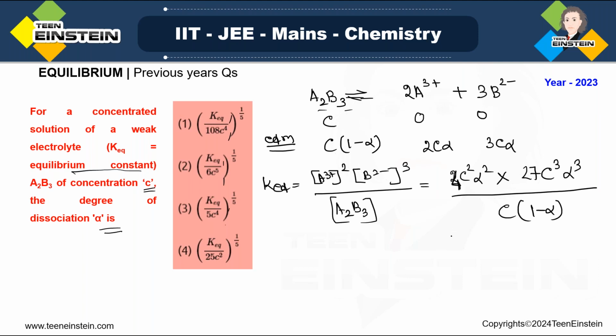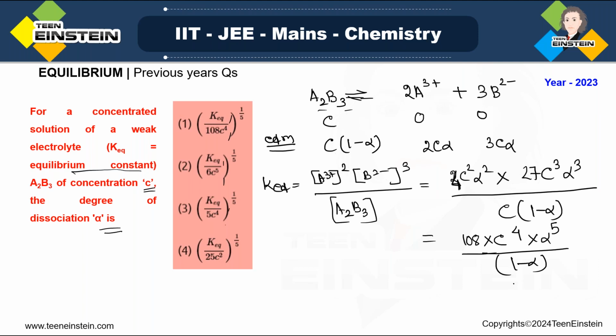So C total power 5 in the numerator, and in the denominator only 1, so finally it will be C4, and 1 minus alpha will be there. 4 into 27 is 108. Alpha square and alpha cube means total alpha 5.